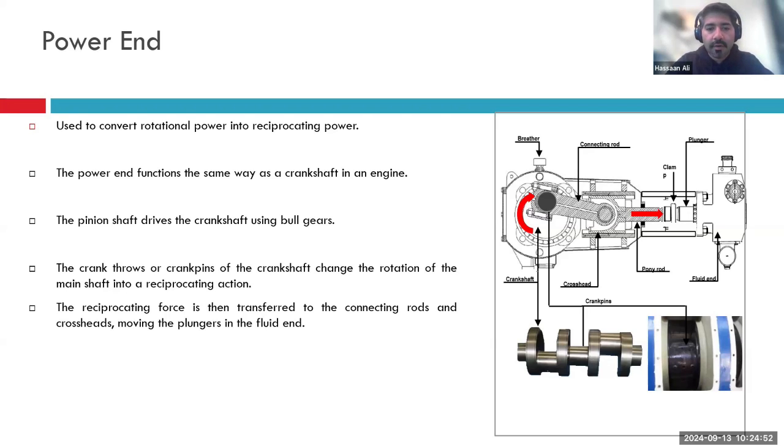You will have your connecting rod right over here. The connecting rod is connected through a crosshead to a pony rod. This pony rod is essentially the last piece of your power end. The pony rod is connected through a coupling to a plunger, and the plunger essentially moves in and out of the fluid end of the reciprocating pump.